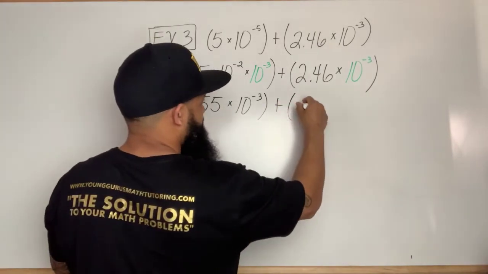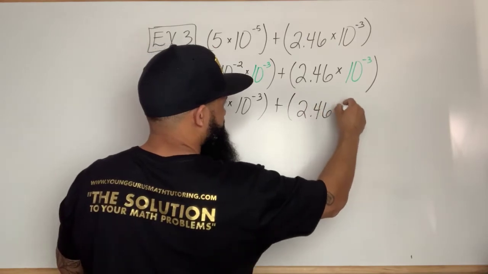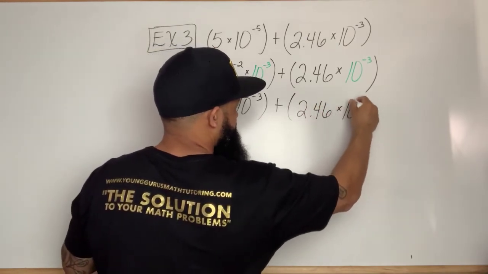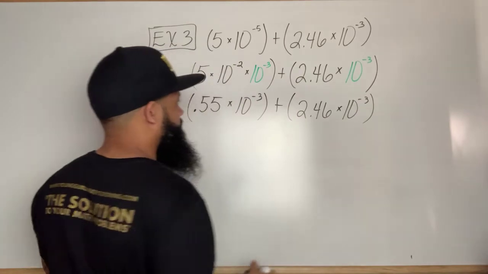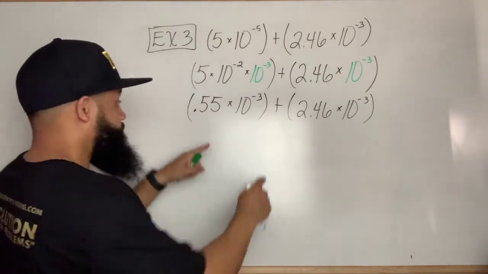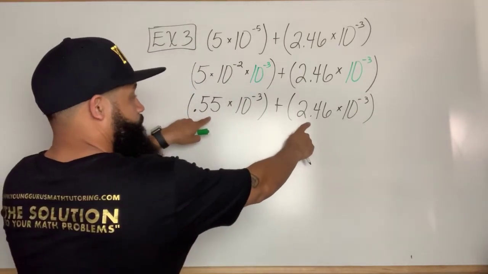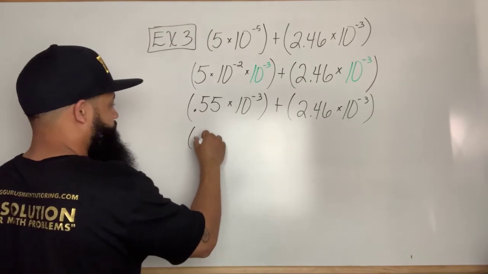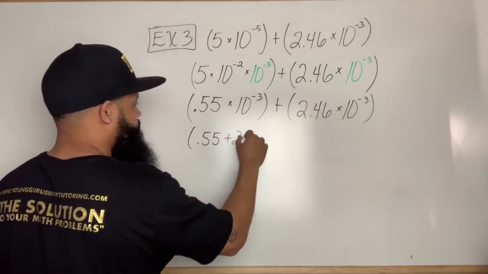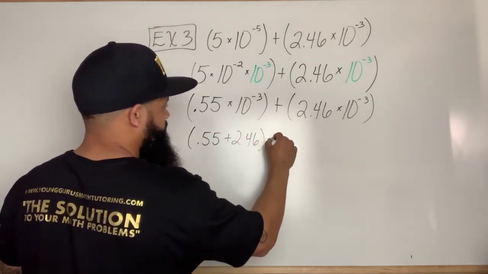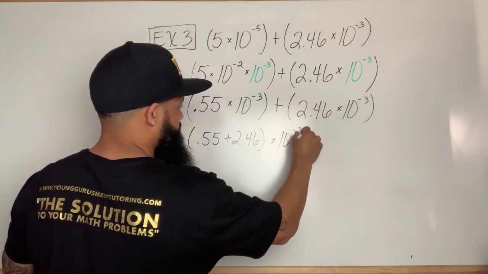Then I'm going to add that to 2.46 times 10 to the negative 3 power. Now we simply do like we did in the first two examples and just add these: 0.55 plus 2.46, and then times 10 to the negative 3 power.